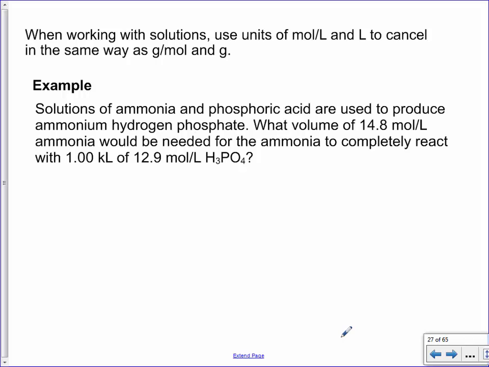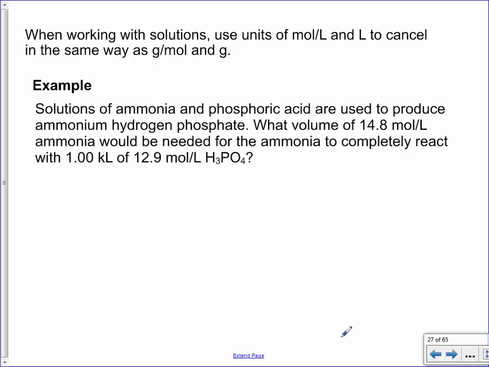I'm gonna use these things. Yeah, or you can look at the phosphate above it there. But yeah, that looks good. Your product is not looking right though. It's not ammonia hydrogen phosphate, it was ammonium hydrogen phosphate.